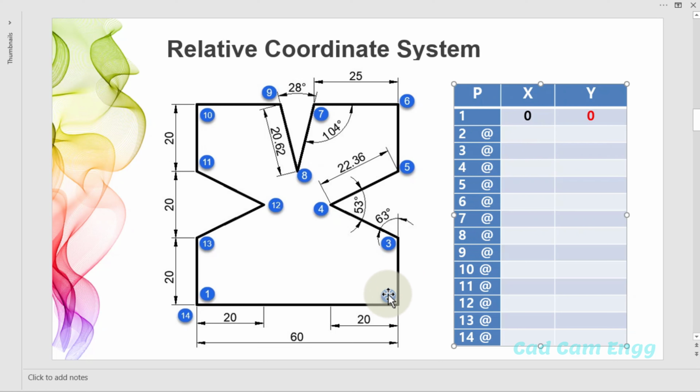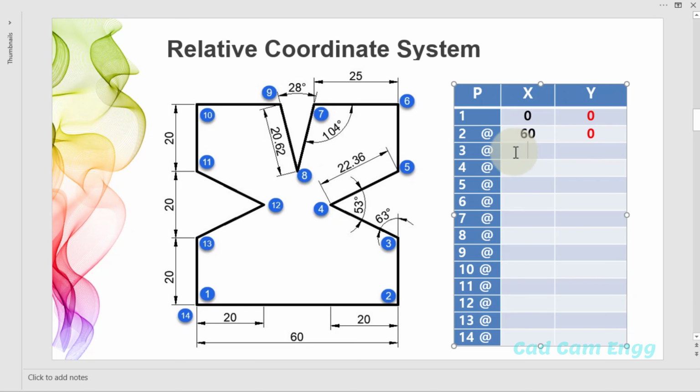In the relative coordinate system, the previous point acts as the origin point. So this is our origin point. The 60 mm travels in the x-axis, so for x-axis we type 60, and for the y-axis, the height: here at point number 2 we are not increasing the height, so I give 0.